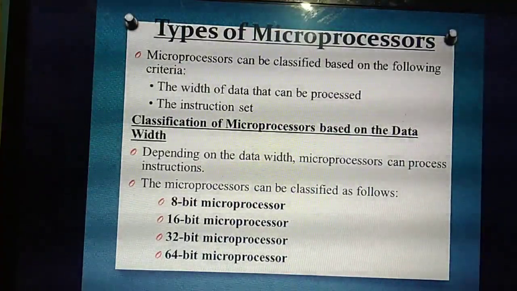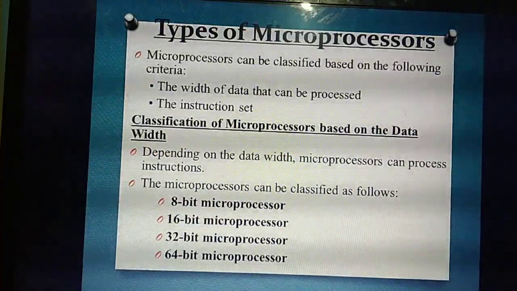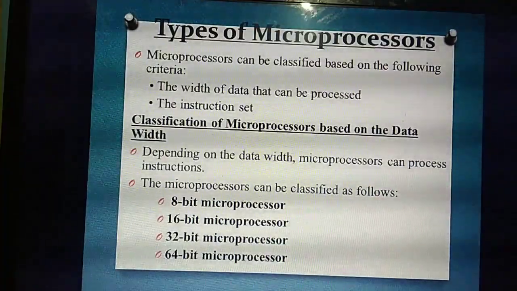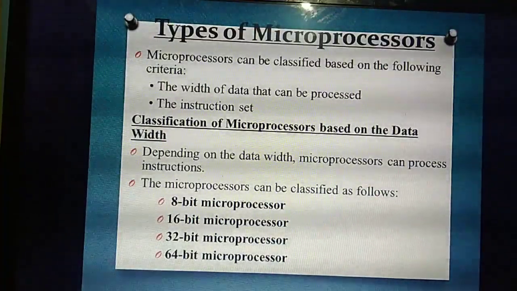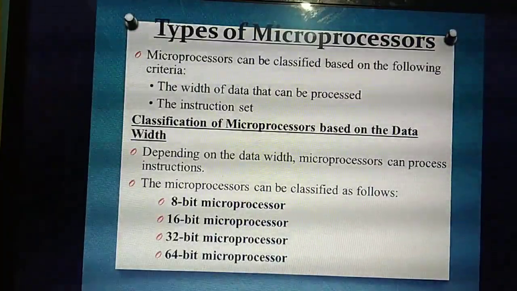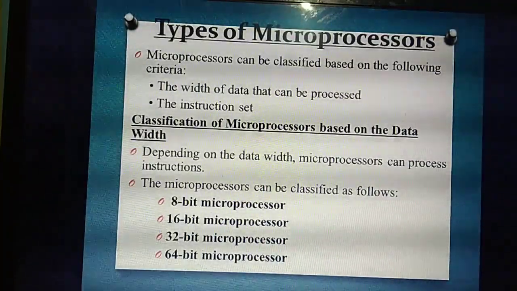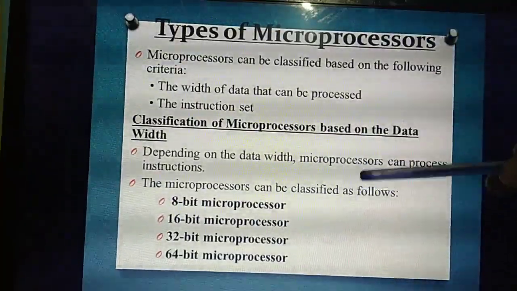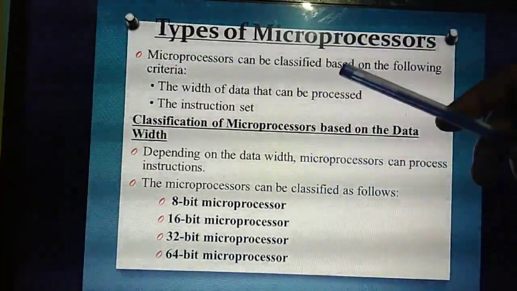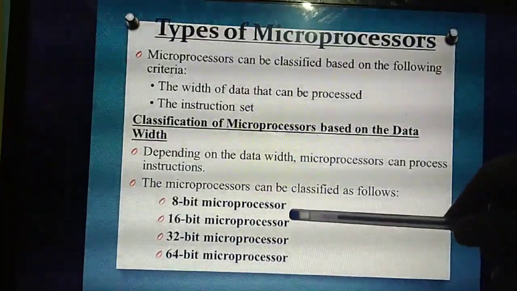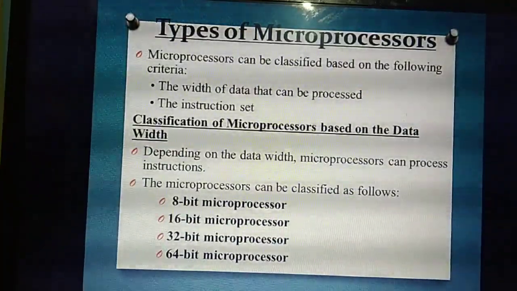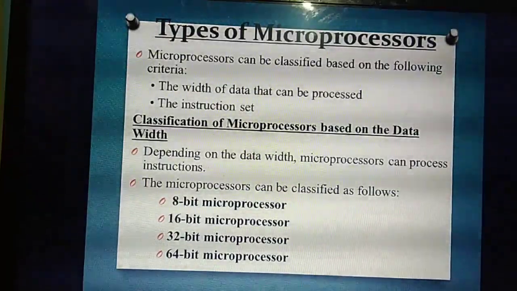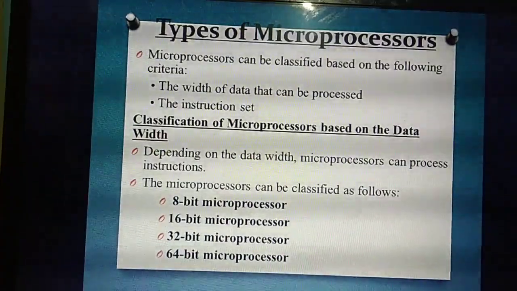The example already said: a 16 GB memory can store only 16 GB of data. Likewise, based on the data width only, you can give the instruction. That means a particular microprocessor can execute only based on data width. Based on this width, microprocessors are classified as 8-bit, 16-bit, 32-bit and 64-bit.